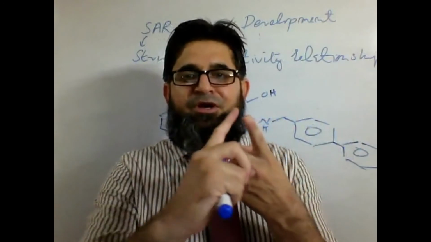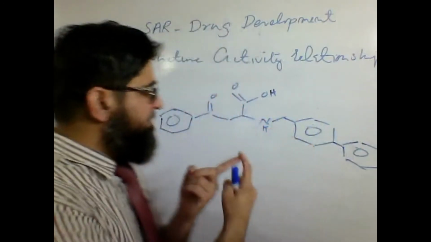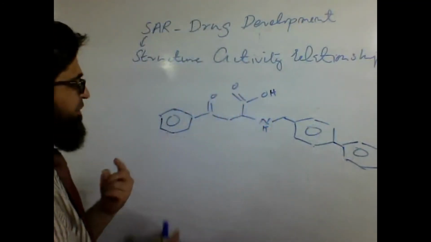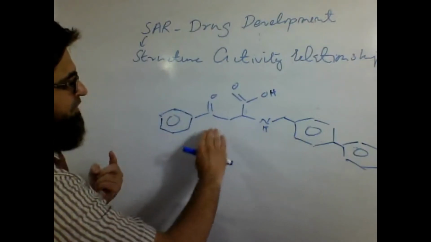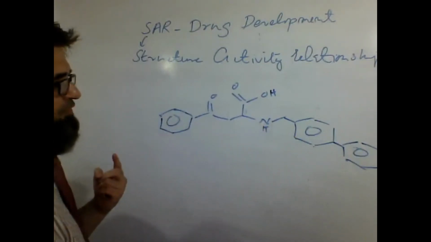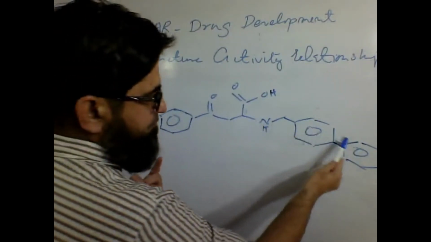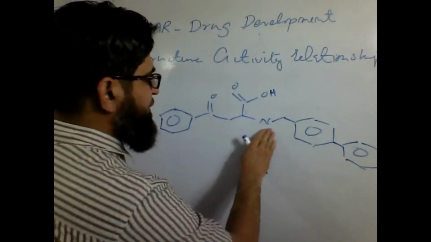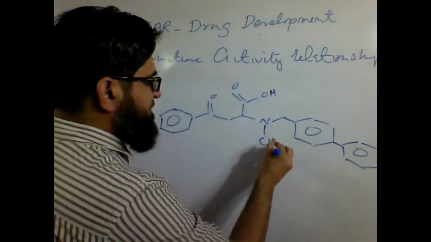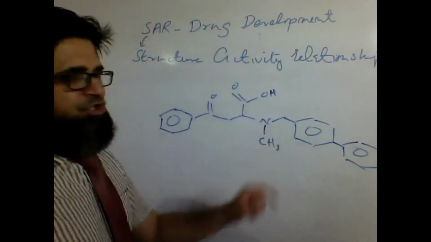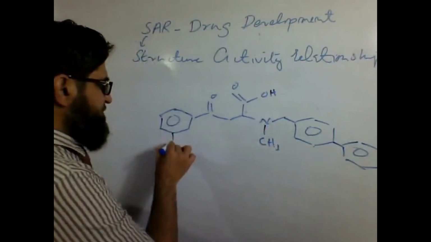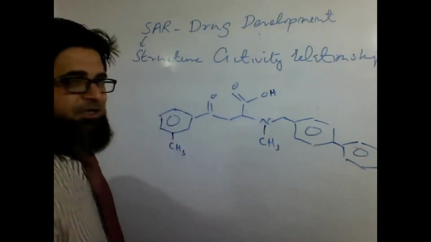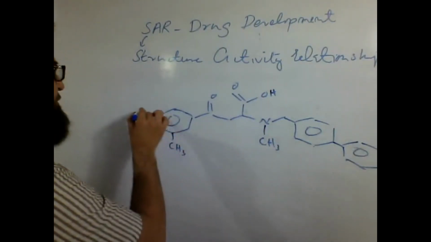We can introduce the rings I have just shown. We can increase or decrease the size of the ring. We could introduce methyl groups in the chain. We can introduce methyl groups in the rings. We can introduce halogens.